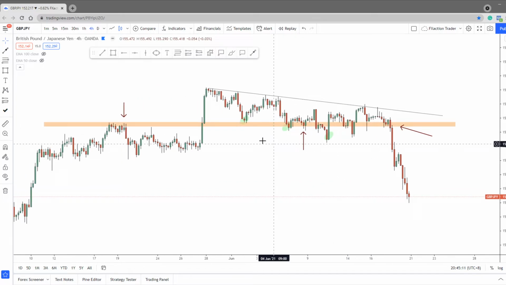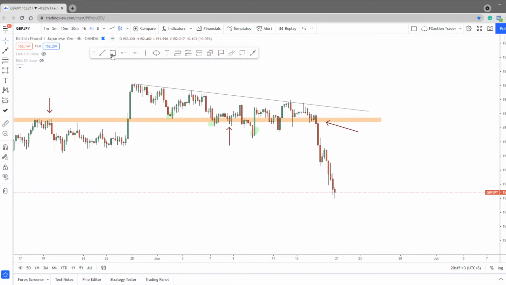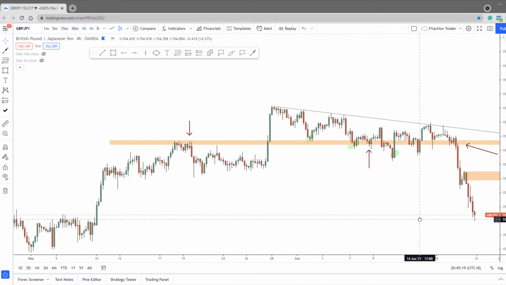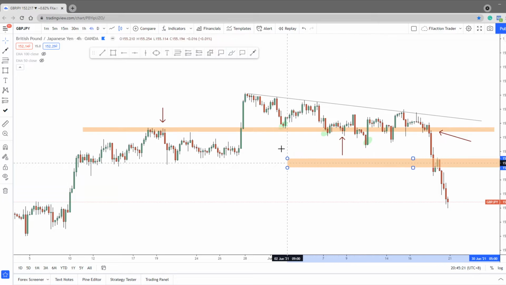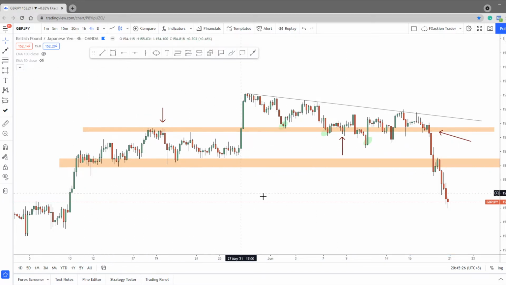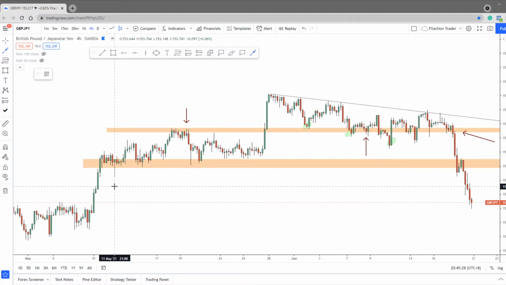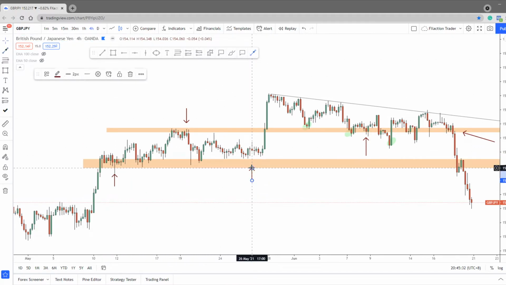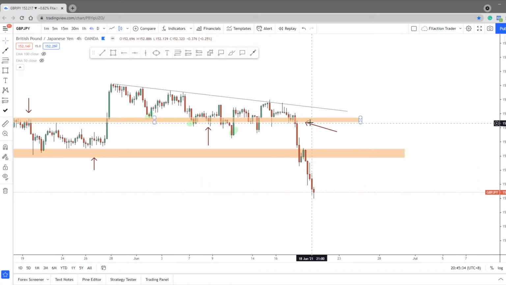And after this level has been broken, the next thing we can see is that market forms a new lower high area, and this area was also in confluence with the previous support zone here. As you can see, after we drag the level to the left, a strong support zone turned out to be a strong resistance zone here.